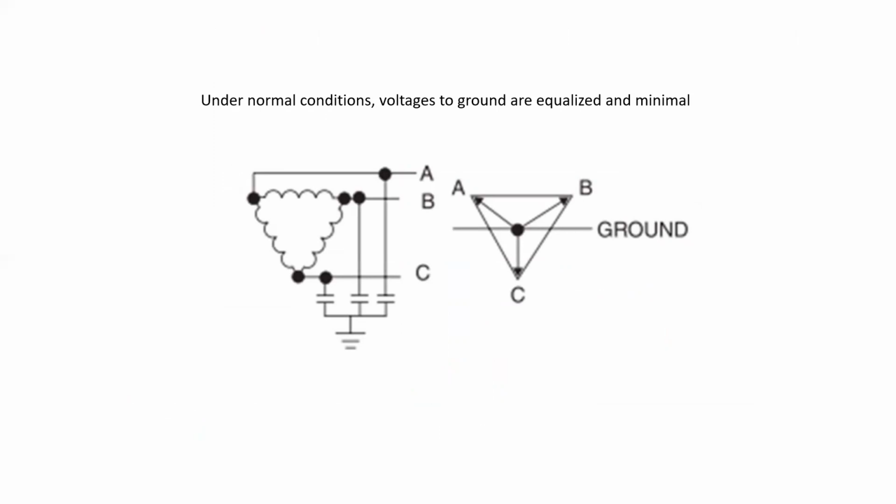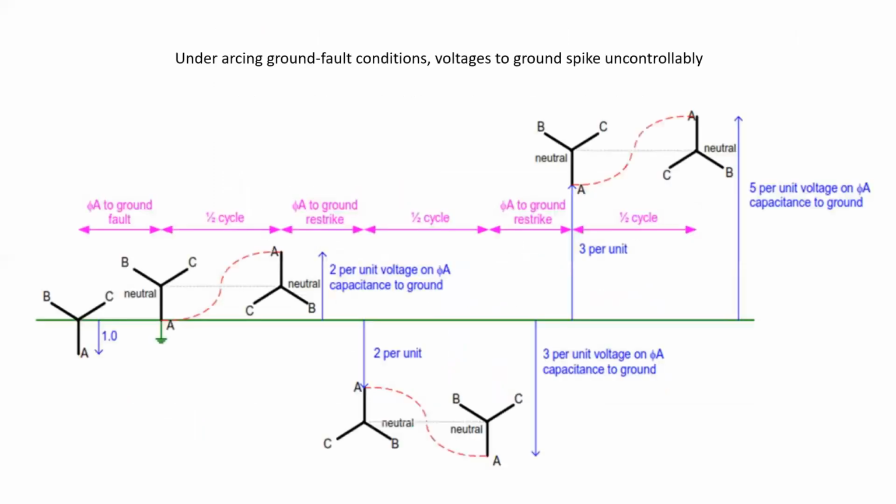But as soon as we have an arcing ground fault, you don't have to memorize this and you don't have to know everything that's happening on this page, but just believe by looking at where that funny little Y system is, that the voltages are getting extremely excessively out of balance. So a very high voltage spike, and it's not even consistent, will start to take hold.